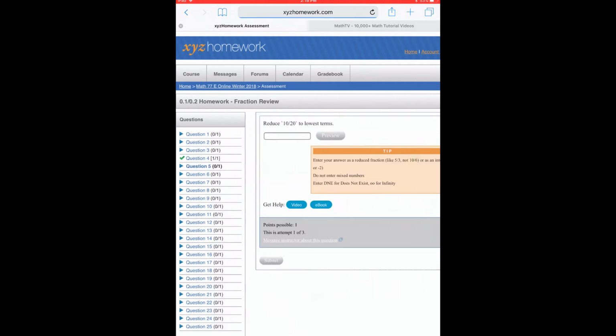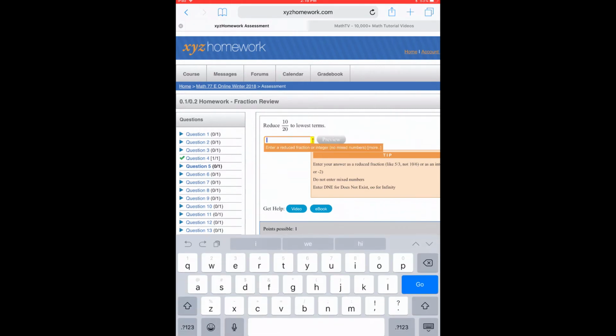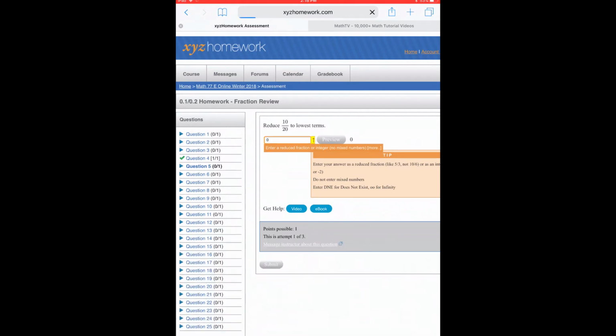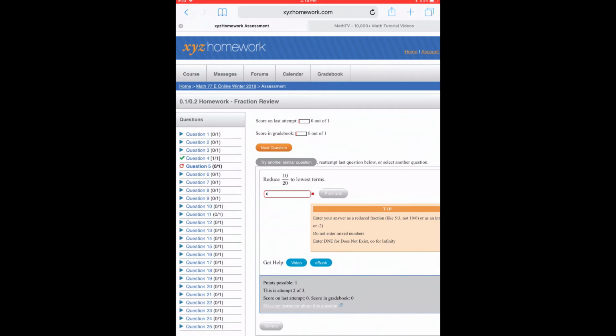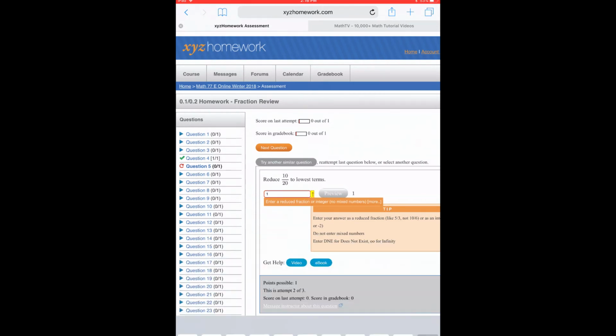All right, so we are going to do number 5 also. But I'm going to purposely get number 5 wrong. So let me enter a very obvious wrong answer. It tells me to reduce that fraction, and I'm going to put 0 and submit, and it's wrong. So I'm going to hit 1 and submit, and it is also wrong.